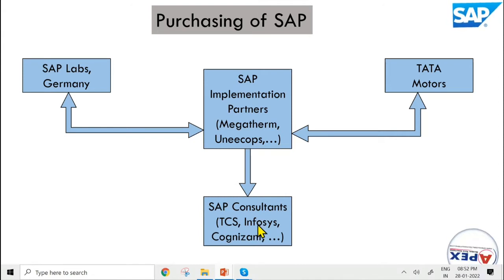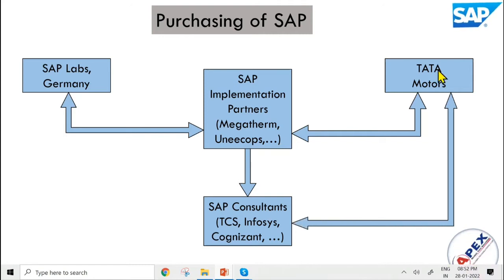Infosys is taking responsibility to implement SAP in Tata Motors. So what will they do? They are going to approach Tata Motors and get all the required data to be implemented in the SAP software. Okay, try to understand this concept.